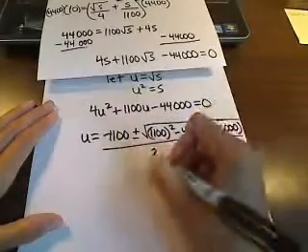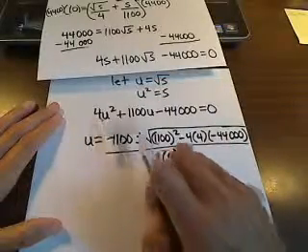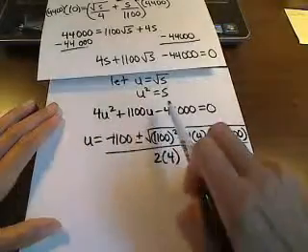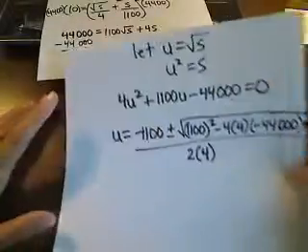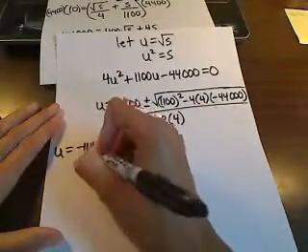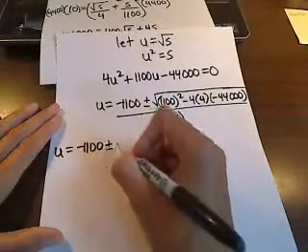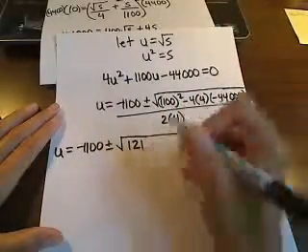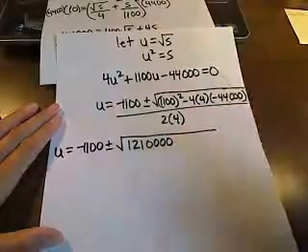all over 2a. And that's recalling that a is the coefficient of your squared term, b is the coefficient of your first power term, and c is your constant. Okay. All right, so if I just simplify here, this is negative 1100 plus or minus the square root of 1,210,000, it's going to be 4 zeros there.